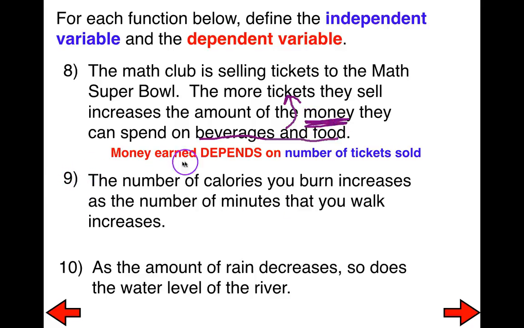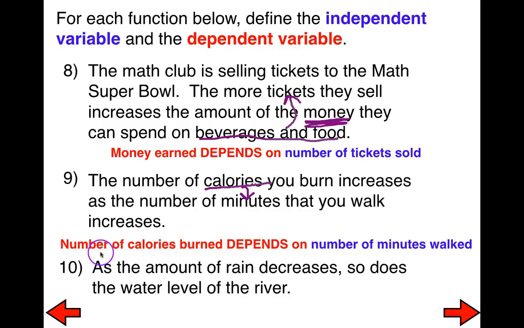Number 9, the number of calories you burn increases as the number of minutes you walk increases. So does the calories that you burn depend on how long you walk? Or does the amount of minutes that you walk depend on how many calories you burn? Hopefully you're able to tell me that. The calories that you burn, it's dependent on how long you walk. Okay.